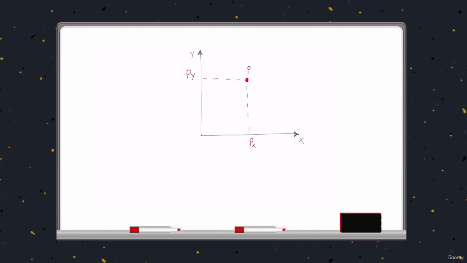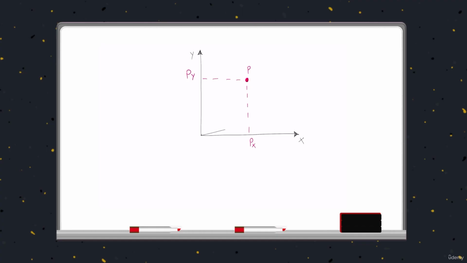In the bidimensional world, these two coordinates are enough to specify the position of the point P in the world. And so, just by knowing px and py, we know the position of P in the world.